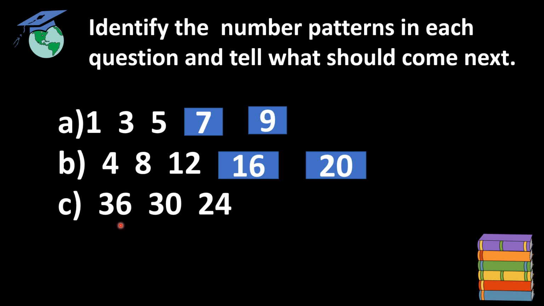So we will find how many numbers we have to leave in between them. For that you have to count the backward numbers. You have to count what is going to come before 36. Before 36 is the number 35.